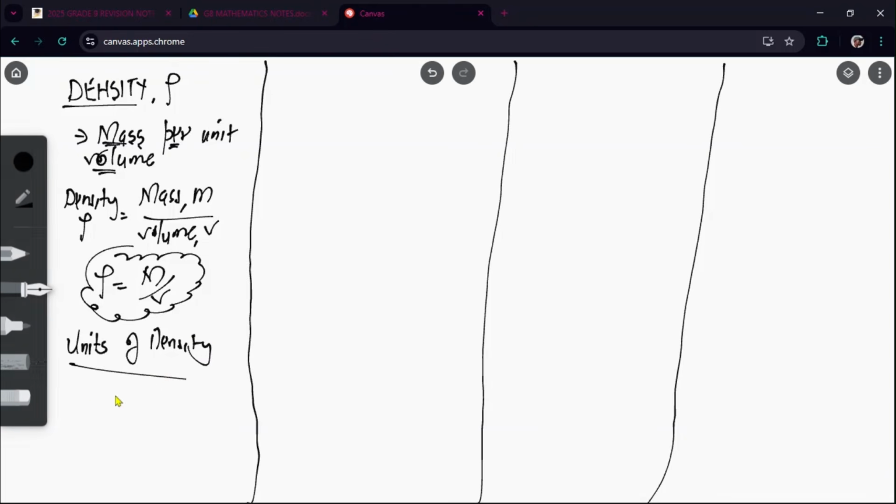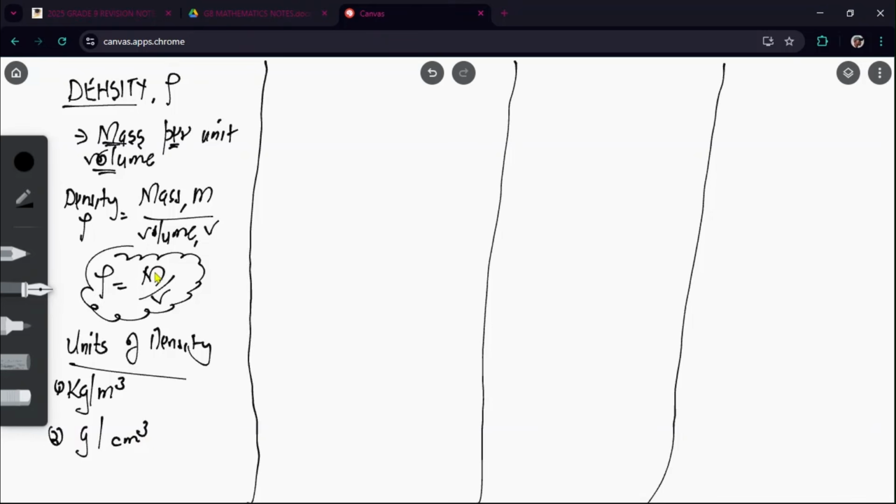We have the two main units, and one of them, now that you're taking mass and volume, you can have kilograms per cubic meters. Kilograms is for measuring mass, then cubic meters is for volume. That is one of them, but the second one is grams per centimeters cubed.